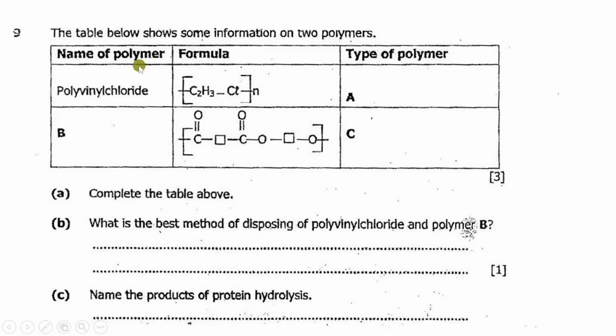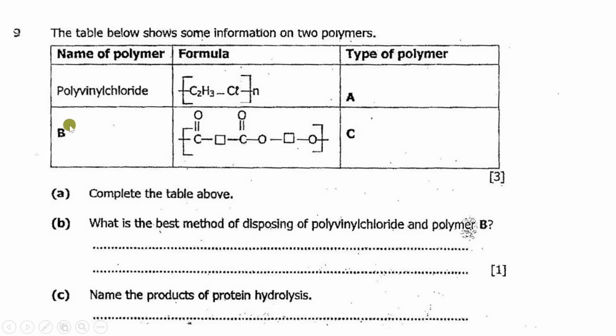So this table contains some information on polymers. We have the name of polymer in this part, its formula, then its type of polymerization.